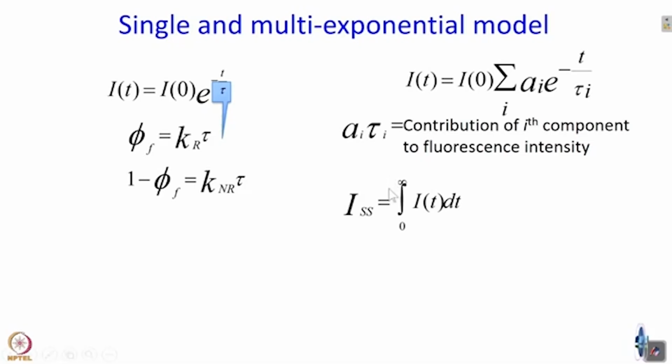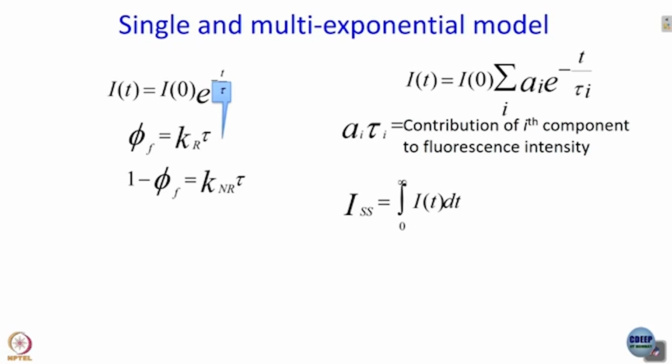In case of multi-exponential decay, or for any decay actually, I hope you agree with me when I say that the steady state intensity is the integral of intensity at some time t from time 0 to infinity after excitation. Of course, when I say 0 to infinity, I write infinity only to make it a general statement. It is not really infinity.